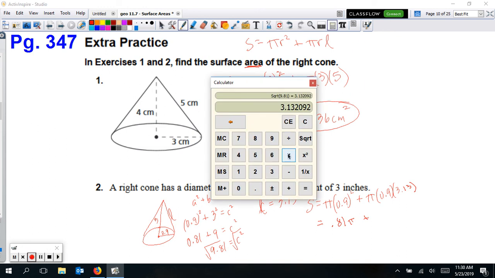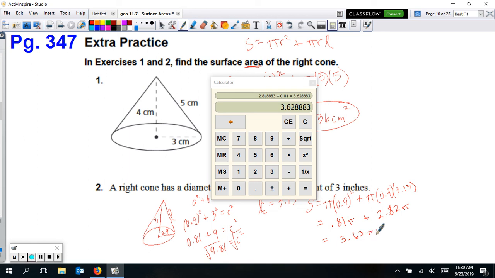I already have that there. Just times my 0.9 now is going to be 2.82. Let's just call it 2.82 pi. And let's add the 0.81 in. So I'm going to say plus 0.81 to that. And now I know how much pi I have. So this is now going to be 3.63 if I round it to 2 decimal places.